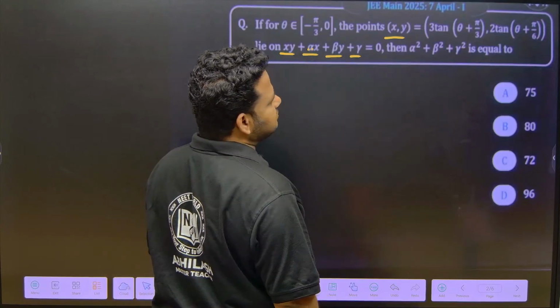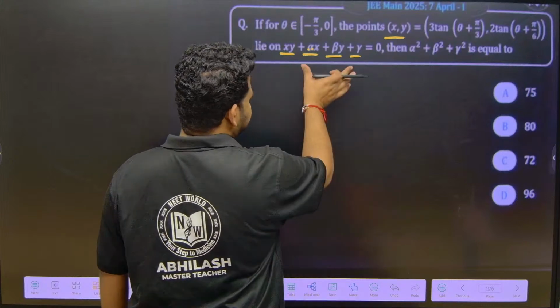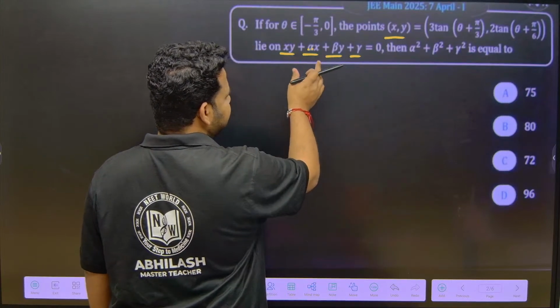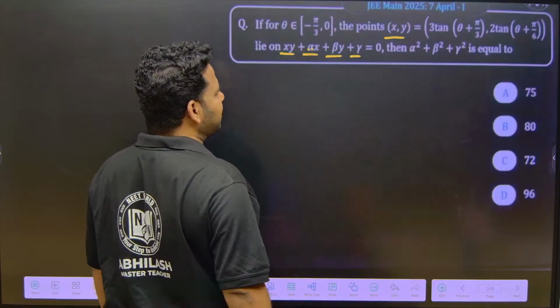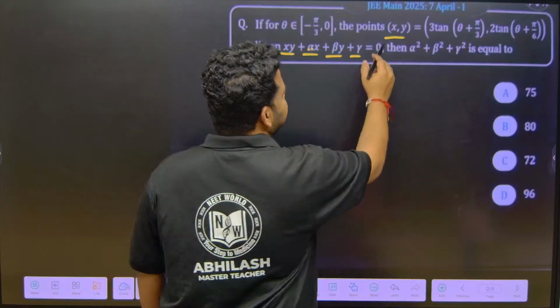Then what is alpha square plus beta square plus gamma square? So we have to get this equation, compare, and get the values of alpha, beta, gamma.